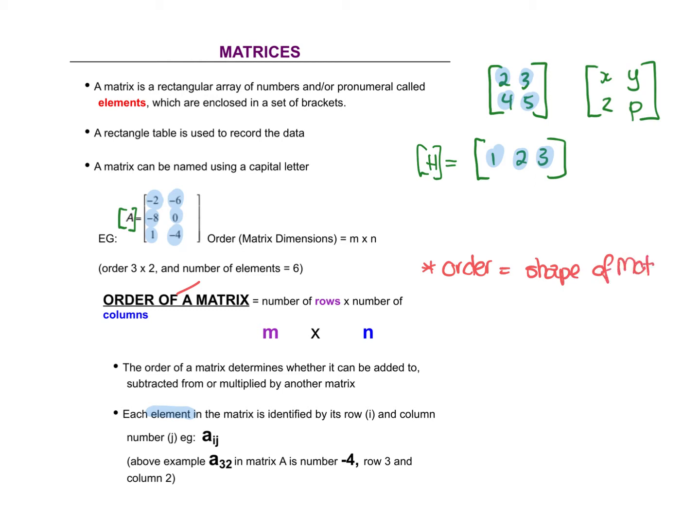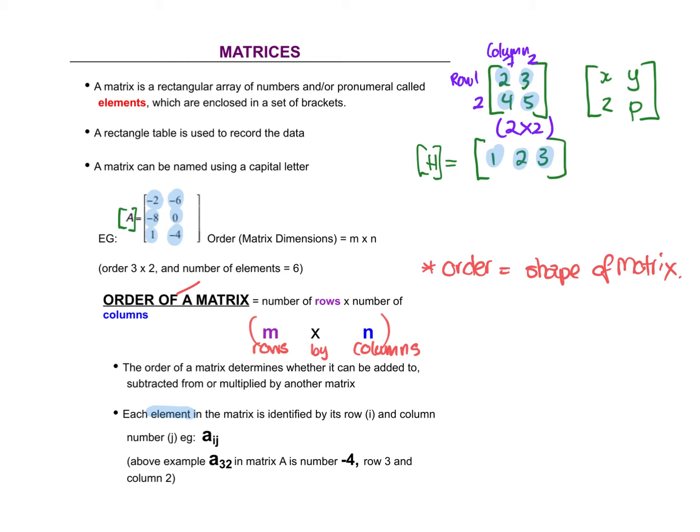The way you describe the shape of the matrix is that you say how many rows it has by how many columns it has. Up here, this has row 1, row 2, and column 1 and column 2. So this one is 2 rows by 2 columns, a 2 by 2.